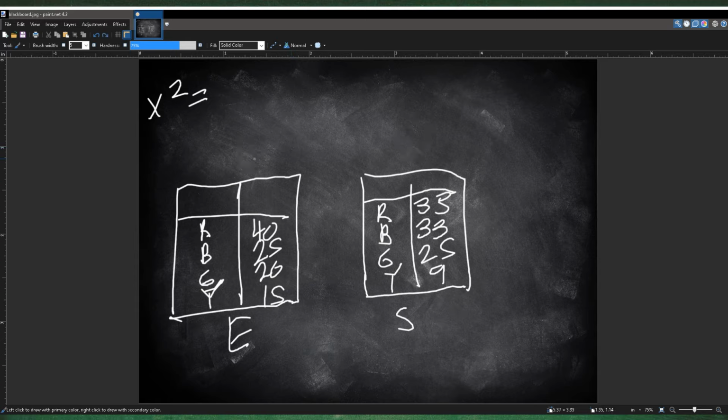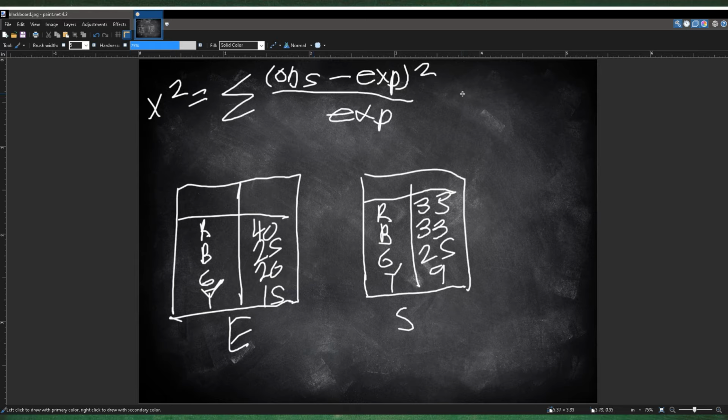So our x squared is equal to the summation, the sum of each one, the red, blue, green, yellow, of the observed minus the expected, squared, and then you divide by the expected again, and you have a degree of freedom of n minus 1.